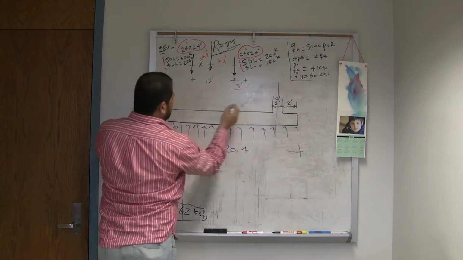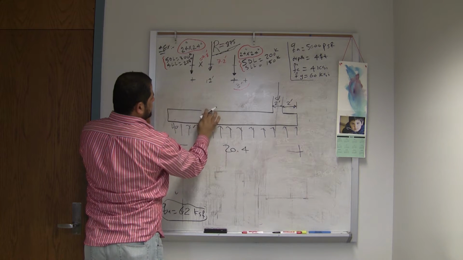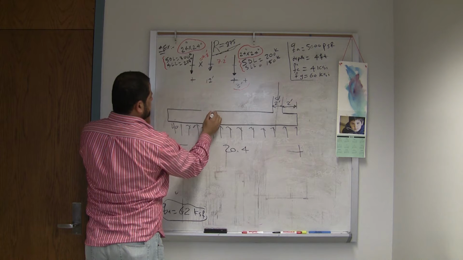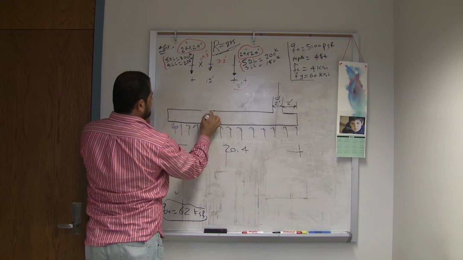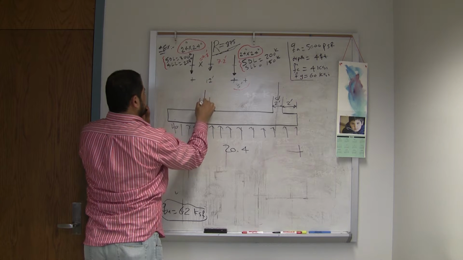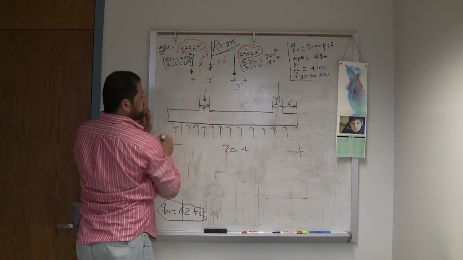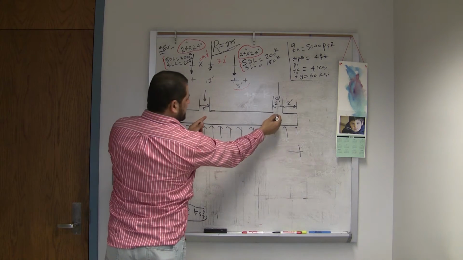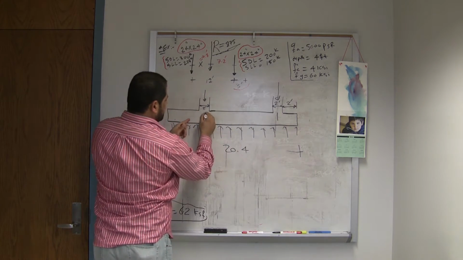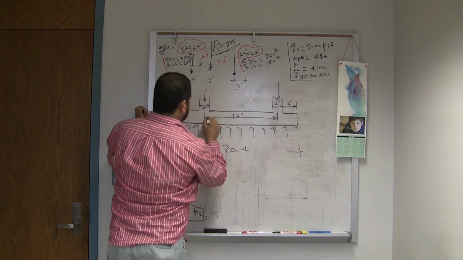The second column is located here, just to have symmetry. This is the second column. It's also 2 feet. The distance center to center is 12 feet.